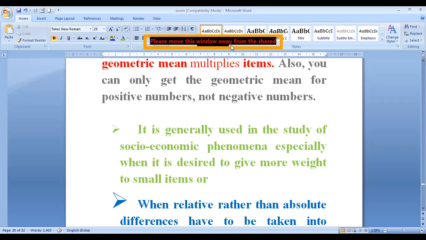In order to give more weight to such small items, that is, when the value of a particular variable is very small, we use the geometric mean.